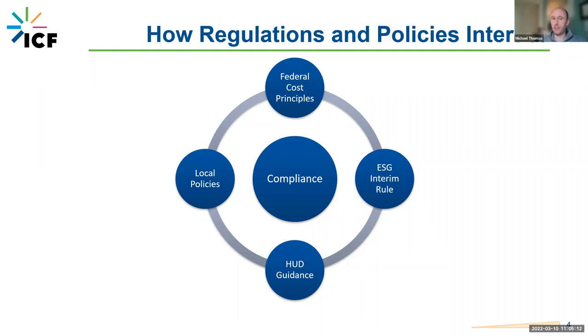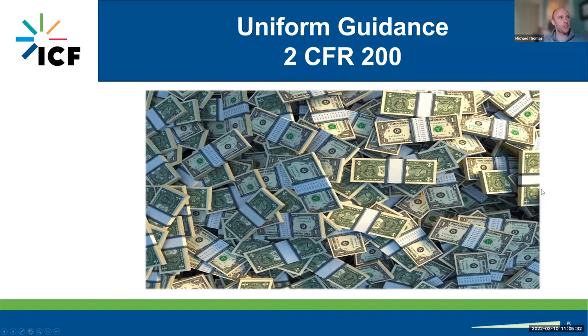And as long as those are in line with all of the things I just talked about, they could potentially be even a little more stringent in some cases, if that's what's best for your program. So that's kind of your final layer, but all of that leads to compliance for your ESG program. And I'm going to turn it over to Gordon to get us started off talking about the uniform guidance.